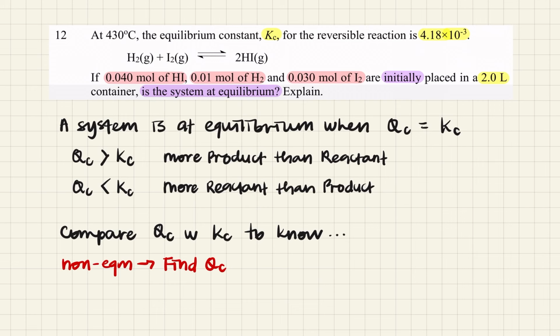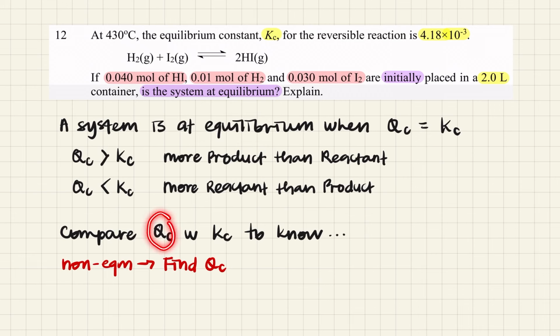When the question asks if the system is at equilibrium, you need to know that your system is at equilibrium when Qc equals Kc or Qp equals Kp. So how do you know whether your system is at equilibrium or not?